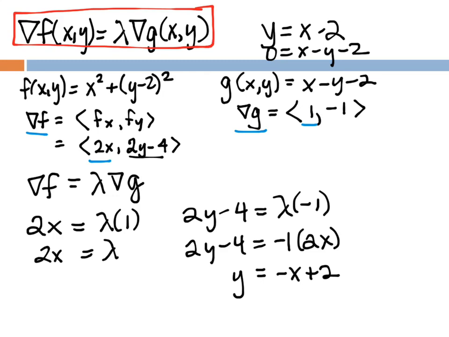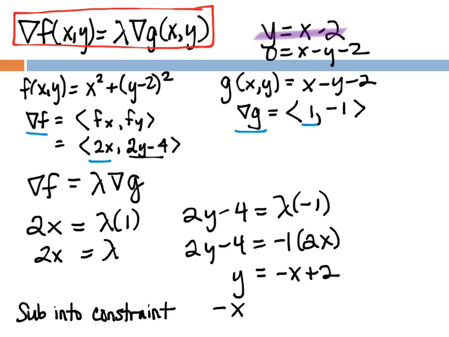Okay? So you might feel like, well, now what? Well, you plug this into the constraint. So the constraint up here, before I set it equal to g of x, was y equals x minus 2. So y is x minus 2, and this one says y is -x plus 2.